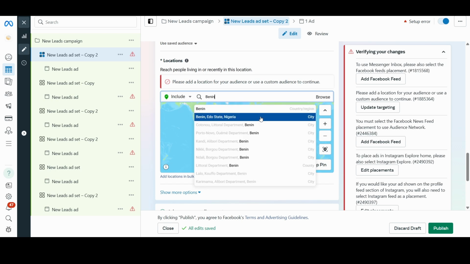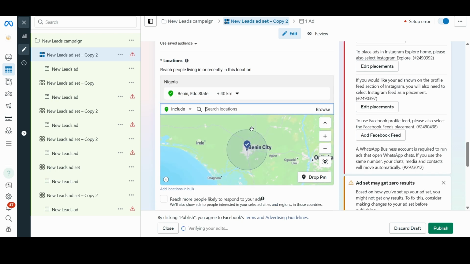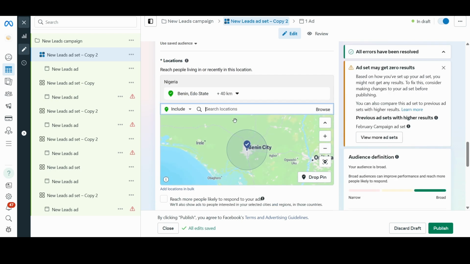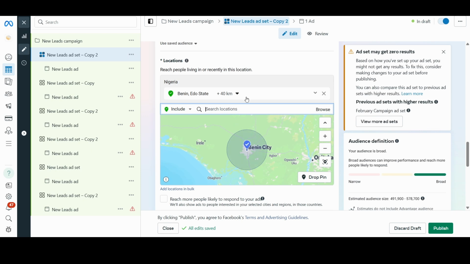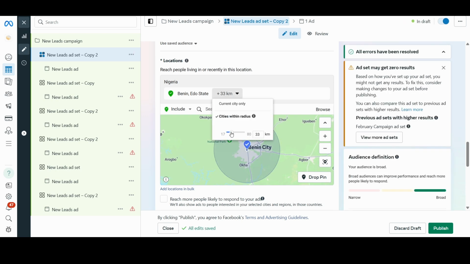And I say, all right, I want to run this campaign in Benin City. So it's telling me there, Benin City plus 40 kilometers. Do I want 40 kilometers? No, I do not. But at this point, you can't go below 17 kilometers, right? You can see it right there. You can't go below 17 kilometers.